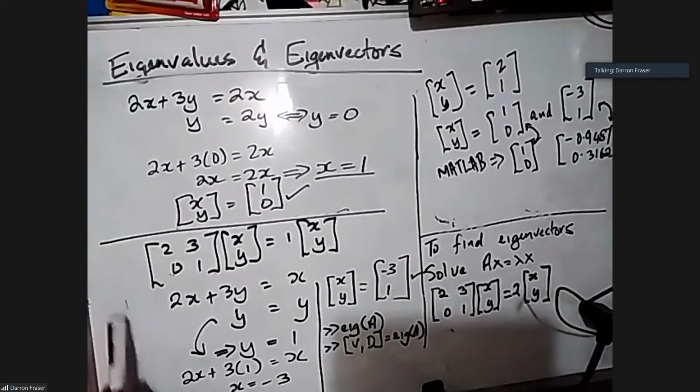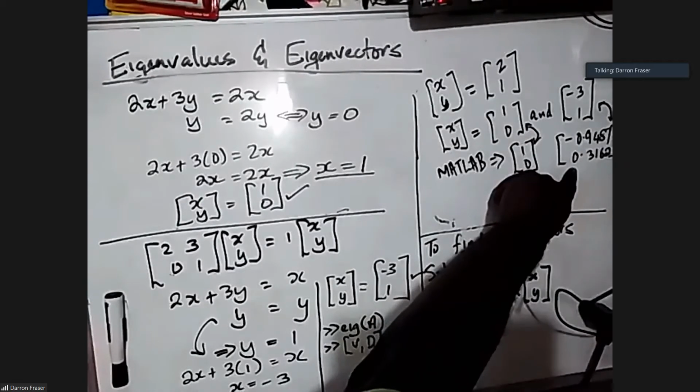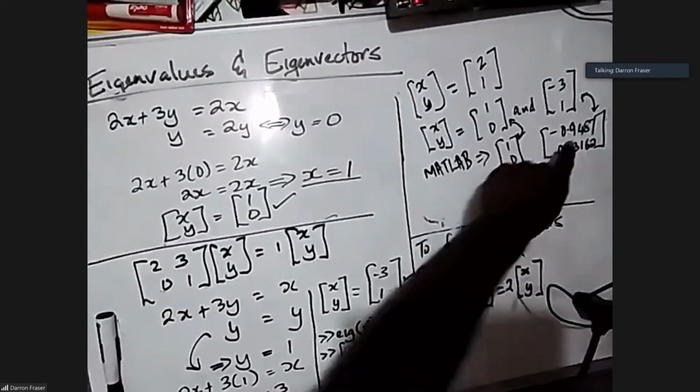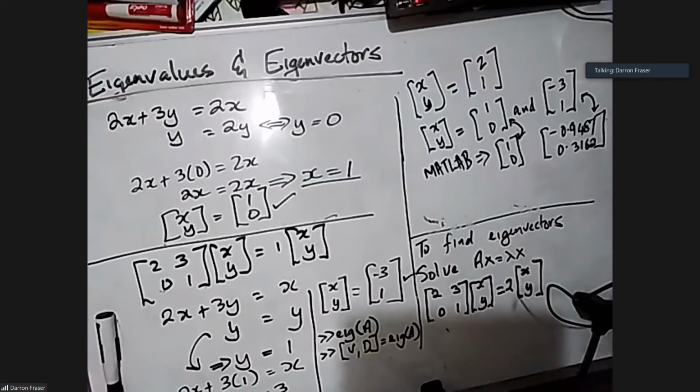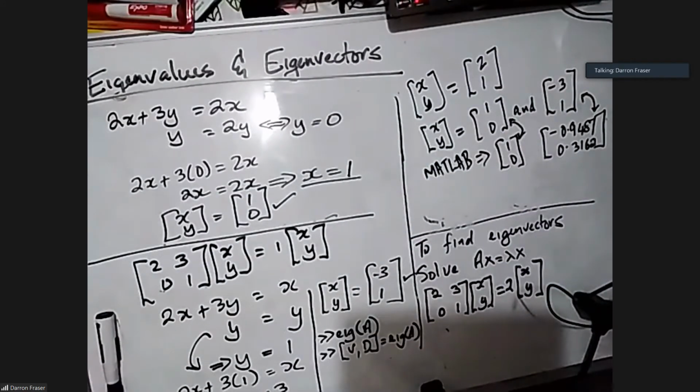Let me tell you what is going on there. The people who write MATLAB, when you square the two components and add them, then take the square root, you're supposed to get 1. So they take these two answers that I have here: 3 squared is 9, plus 1 squared is 1, 9 plus 1 is 10, the square root of 10 is 3 point something.